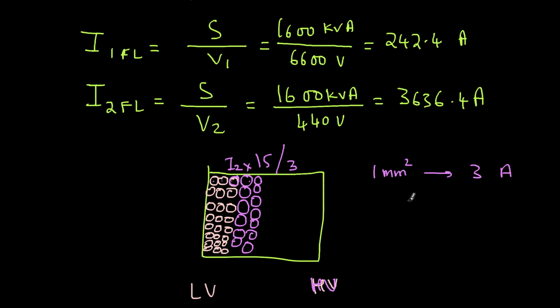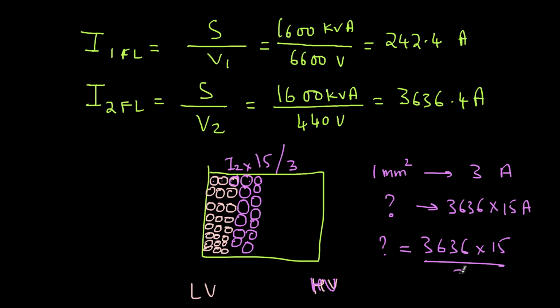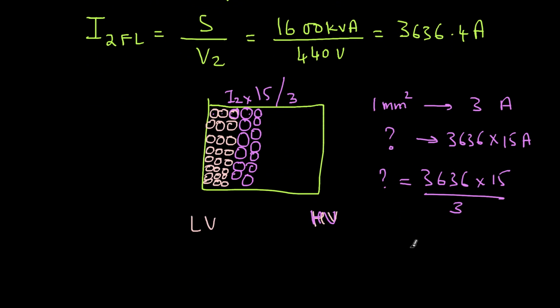Therefore, if I want to transfer 3636 multiplied by 15, these ampere turns, how much area do I require? That is the question. I can calculate that by 3636 into 15 divided by 3. It's an issue of current density, so this 3 is the current density.